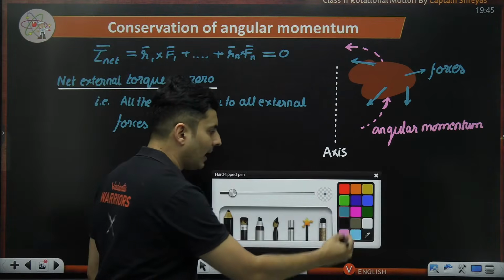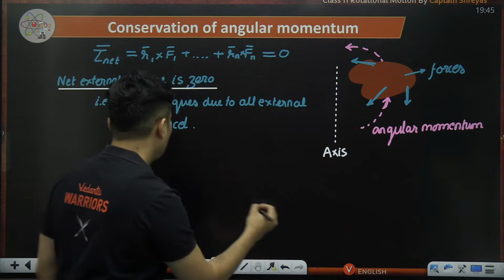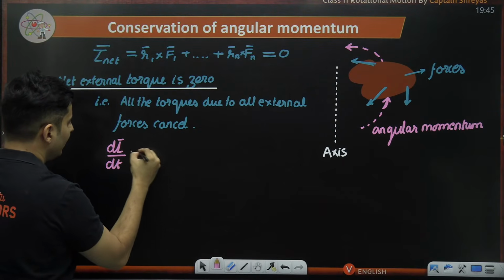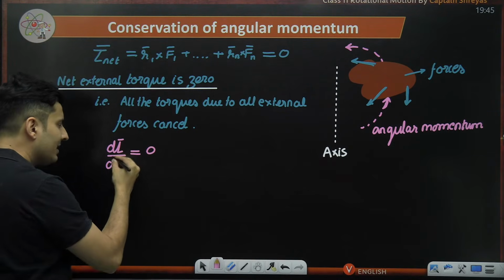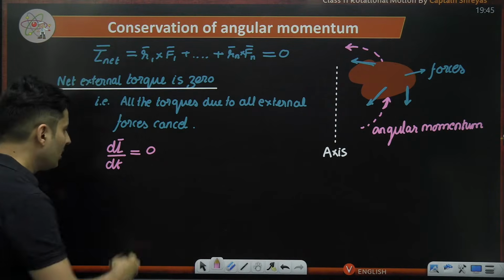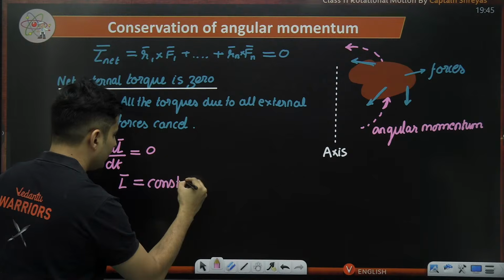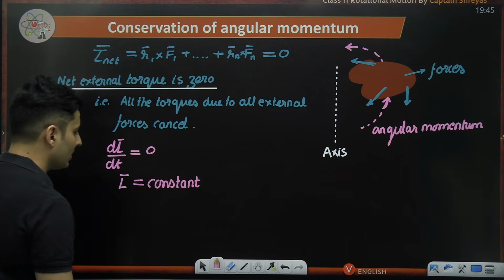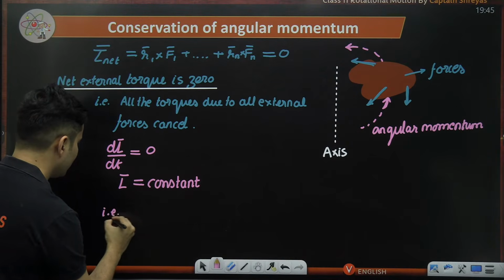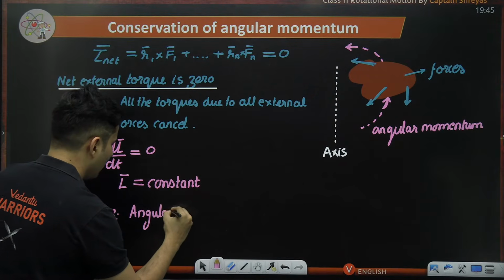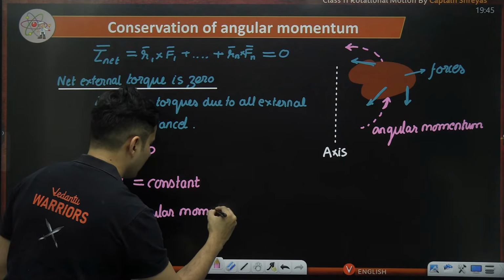When this happens, net external torque is 0, then one funny thing will happen. Because torque is 0, dL by dt will be 0. That means if a derivative of a number is 0, the angular momentum must be constant. Angular momentum must be constant. That is, the angular momentum is conserved.